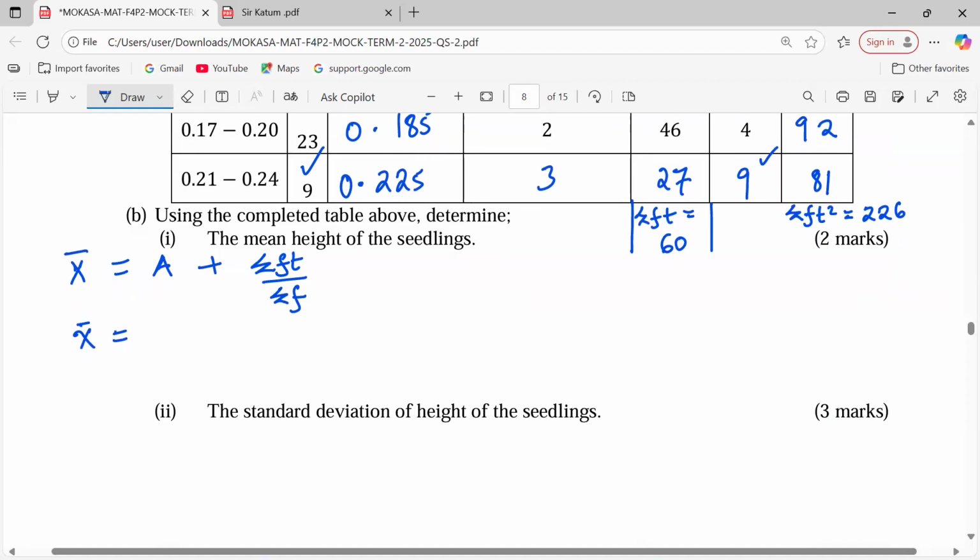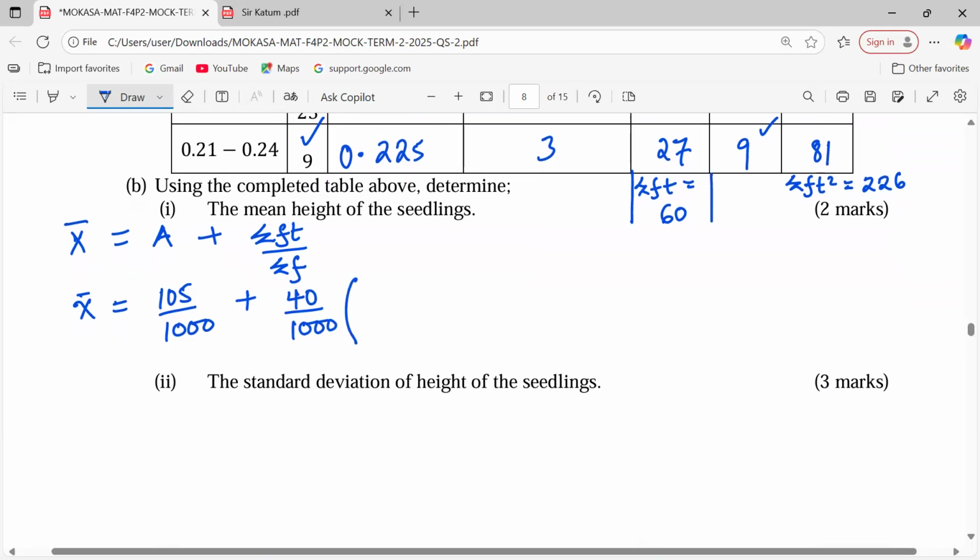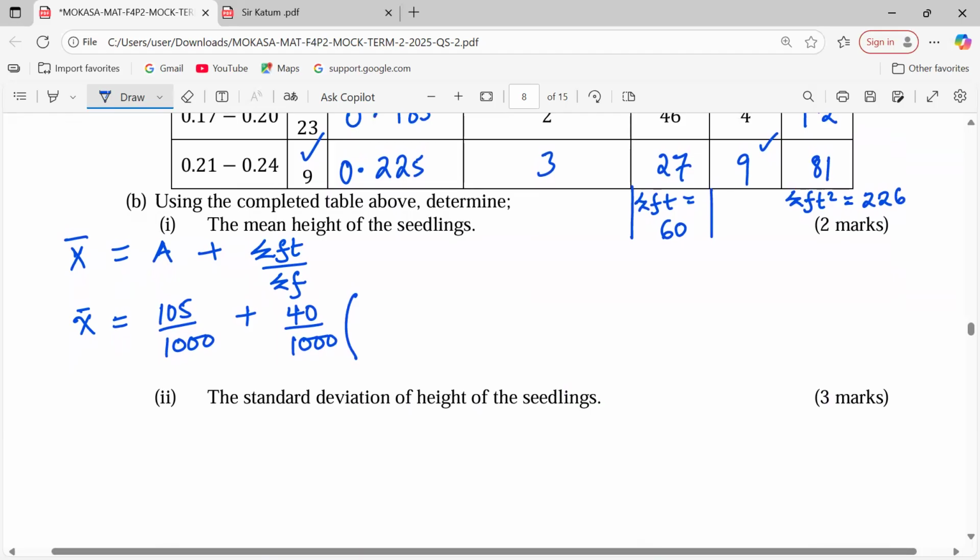So we have the assumed mean as 105 out of 1,000. Then we add summation of f of t multiplied by the constants, but this way, 1,000 and 40 change their positions like that.